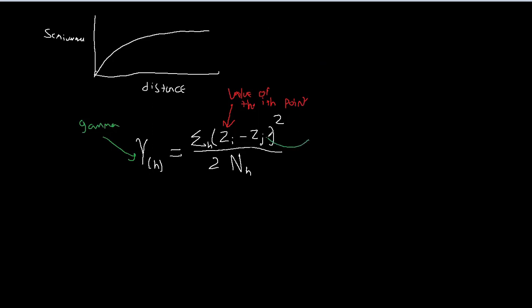Zj is the value of the jth point. And this h, right here and right here too, is our distance. This is for a given distance.